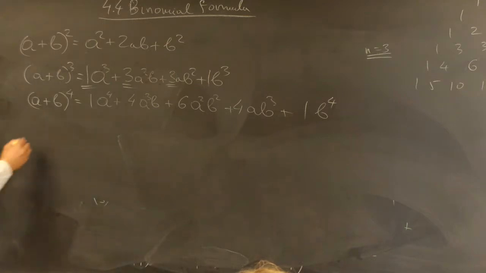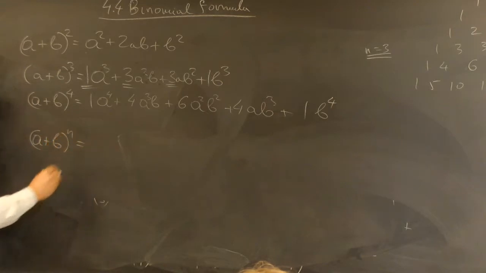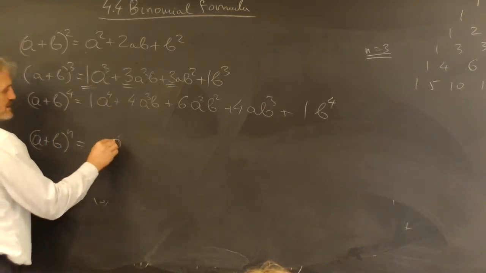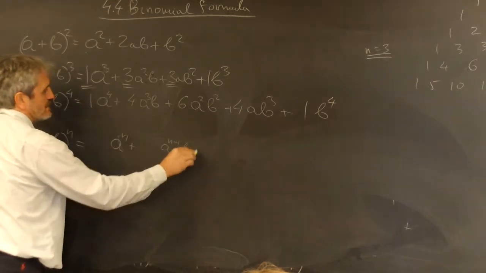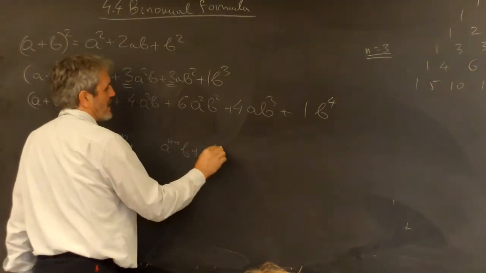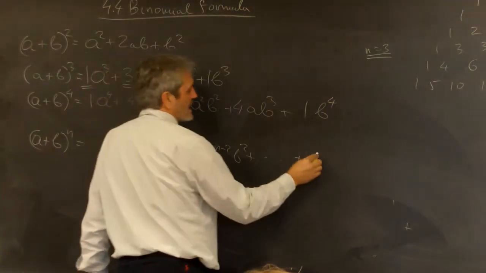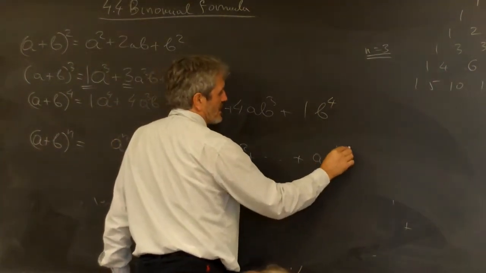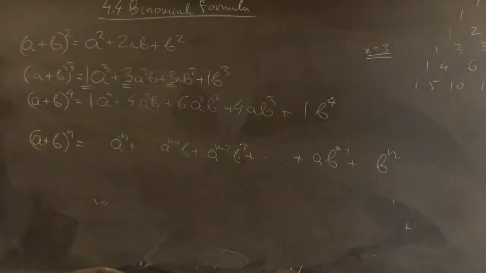So then what? What would A plus B to the n be? The same way, you go A to the n plus A to the n minus 1 B plus A to the n minus 2 B squared. And on the other side goes A B to the n minus 1 plus B to the n. Do you agree with this type of prediction?